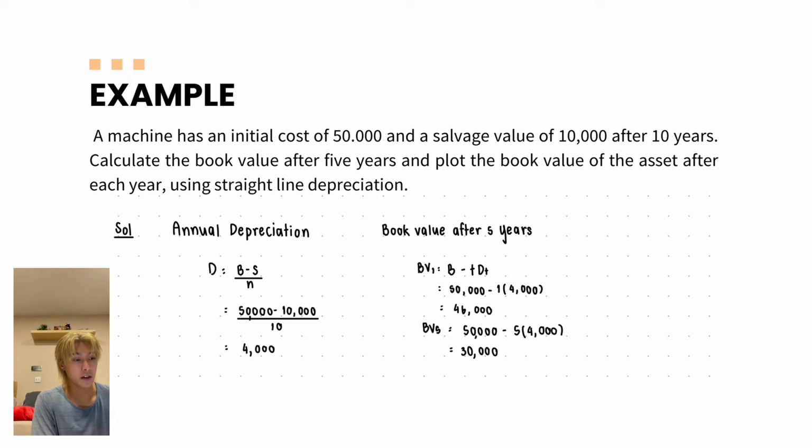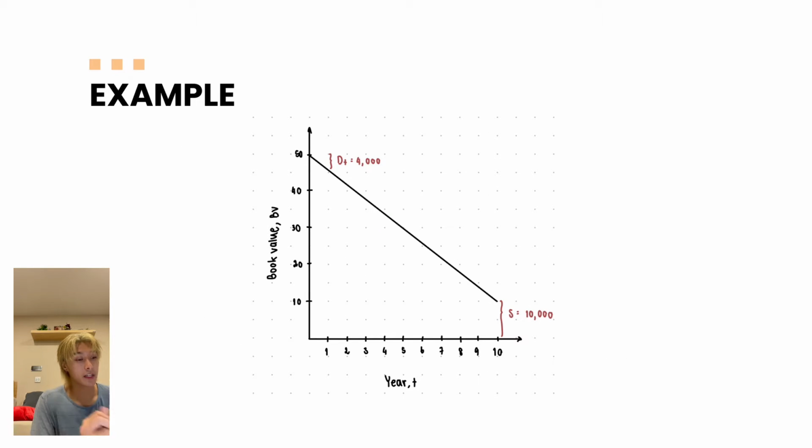Next, we're going to calculate BV5. Since the formula is the same, our B is 50,000 minus our t changed to 5 years multiplied by our D, which is 4,000. Then we calculate it and got the value of 30,000. Here is our graph from our solution.